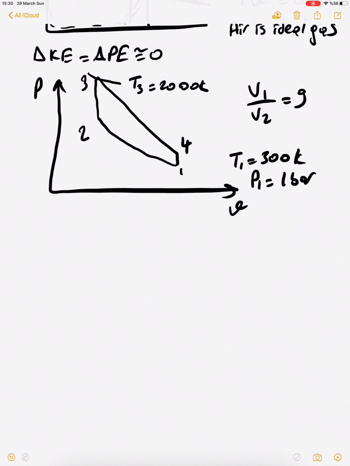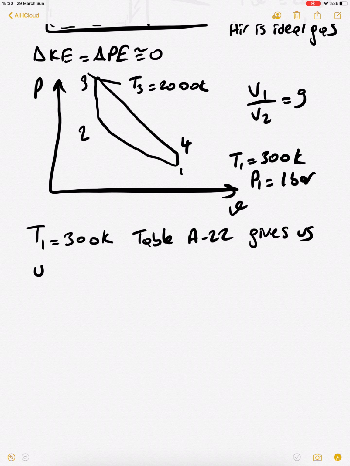So let's begin by fixing each of the four principal states. We have T1 equal to 300 Kelvin, and our table A-22 gives us U1 as 214.07 kilojoule per kilogram.